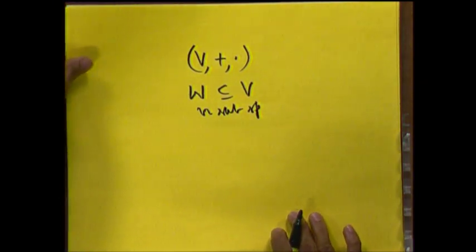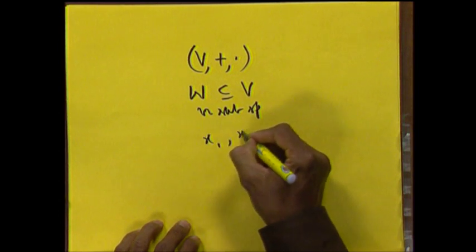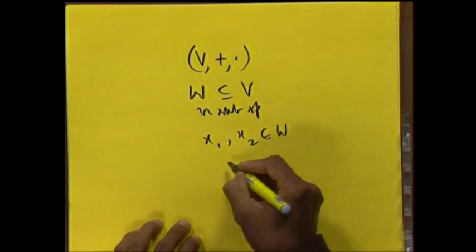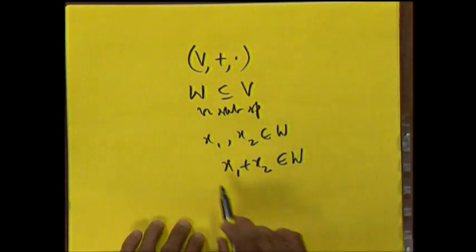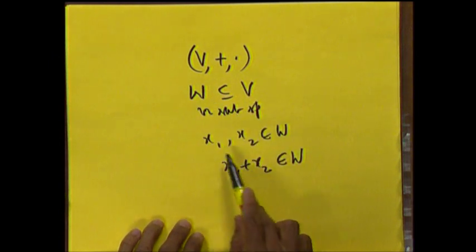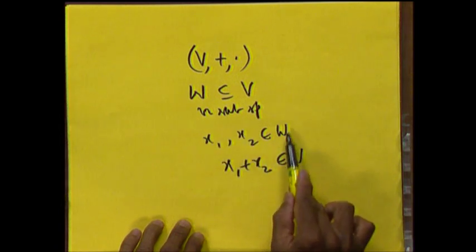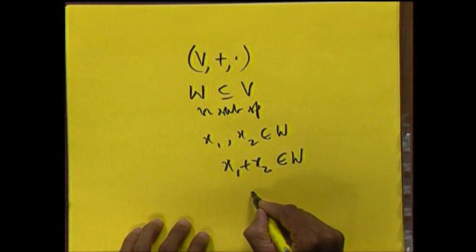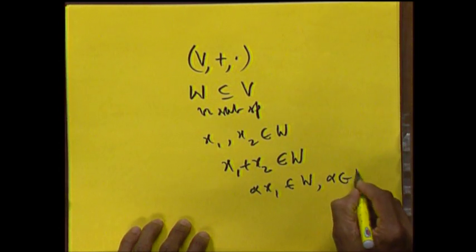Means if x1, x2 belong to W, we have x1 plus x2 is in W, because I am assuming that W is a subspace of V. These are coming from W, and therefore their sum should be in W, and also alpha times x1 should be in W whenever alpha is from the field.